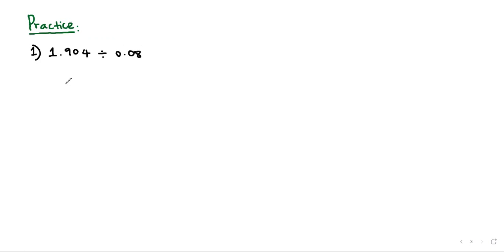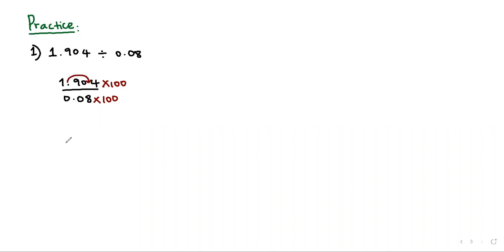Okay, so step 1, we know that we have to write 1.904 out of 0.08. You can see our divisor is not an integer. So what do we do? Times 100. Very good. Also here times 100. And when we say times 100, this decimal point will skip 2 digits.